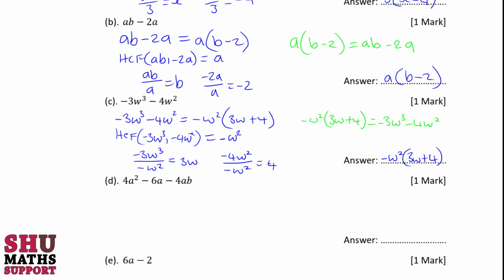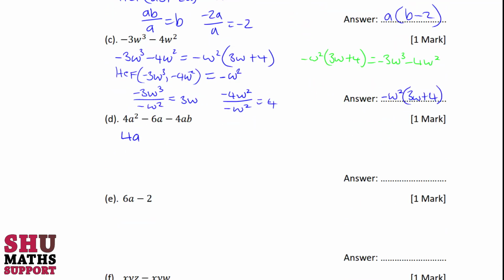And then the last one in this section is 4a squared minus 6a minus 4ab is equal to. So we can notice straight away that all three terms include an a, so we know we're going to have the highest common factor of a.